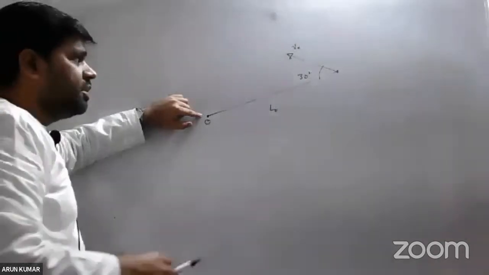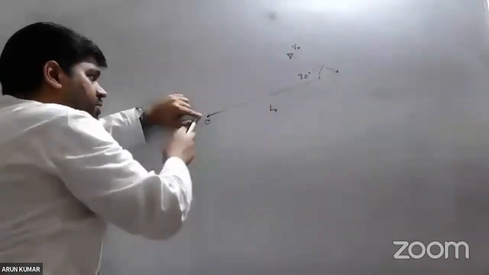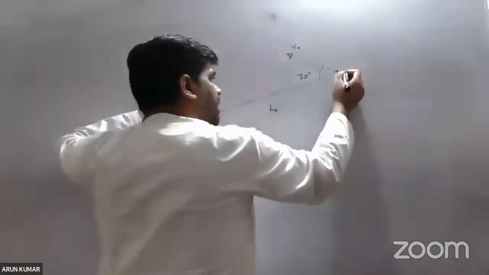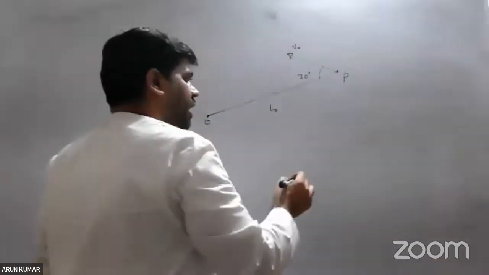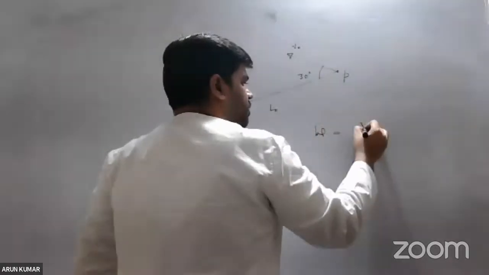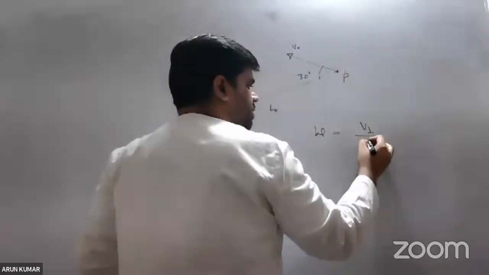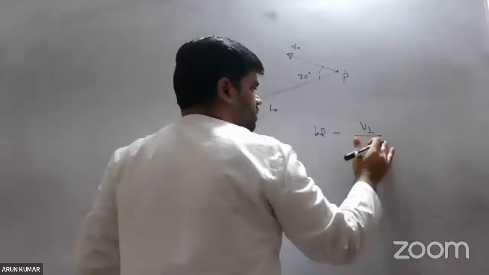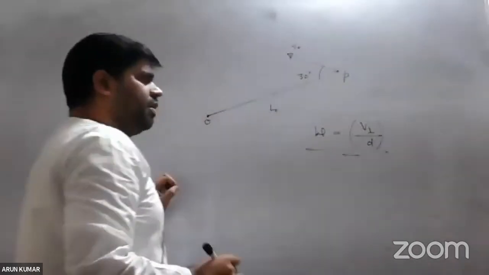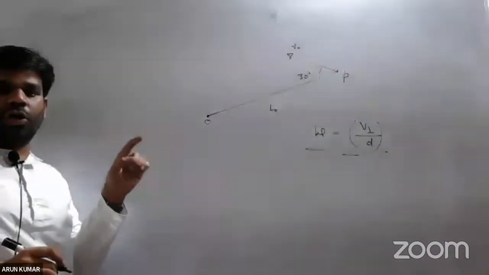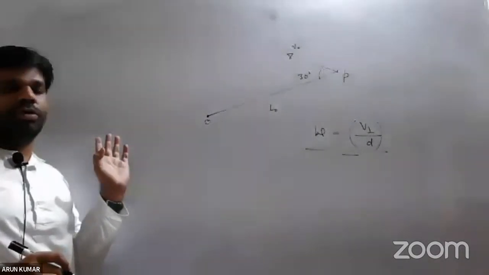If I have to find the angular velocity of the particle P about this point O, the definition is angular velocity is given by V perpendicular by perpendicular distance, the omega of the particle about any point O.